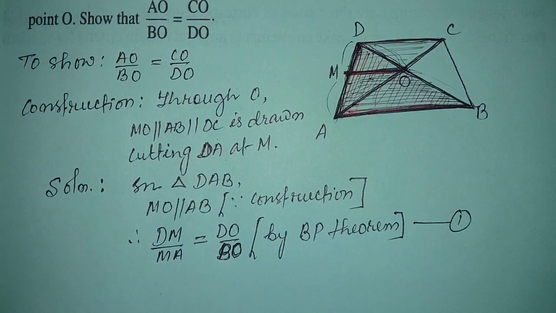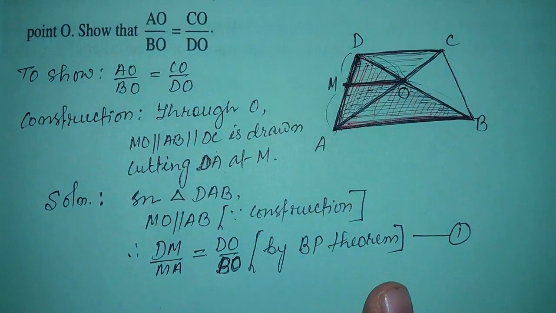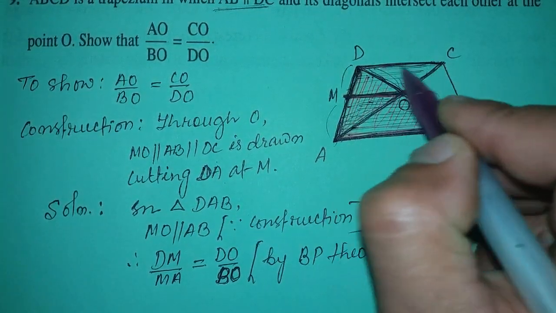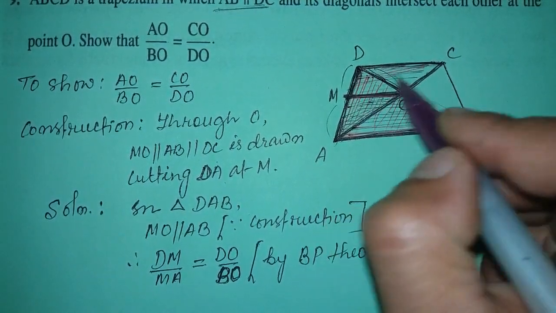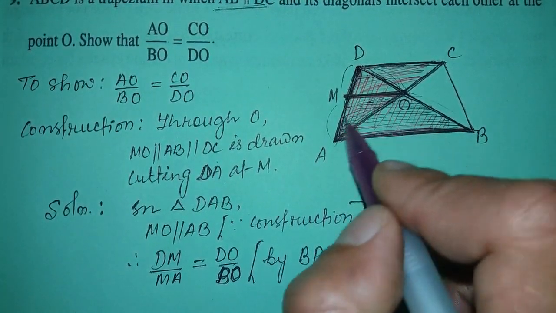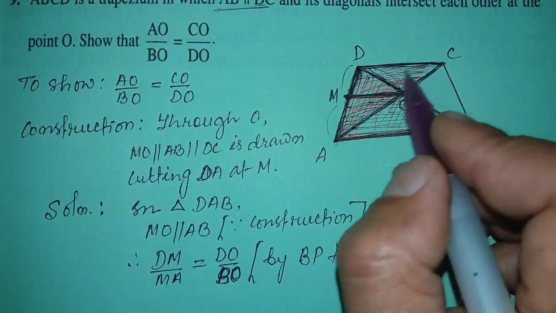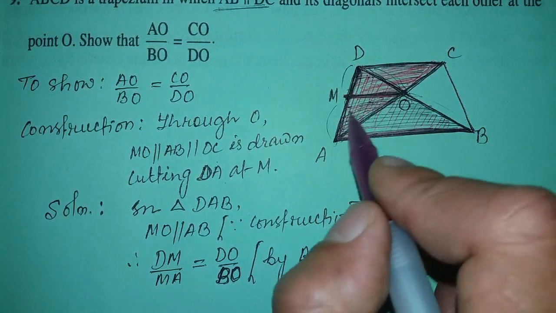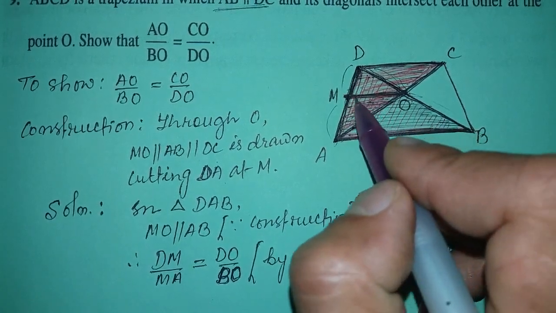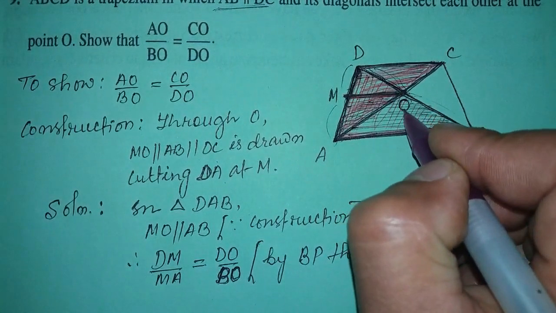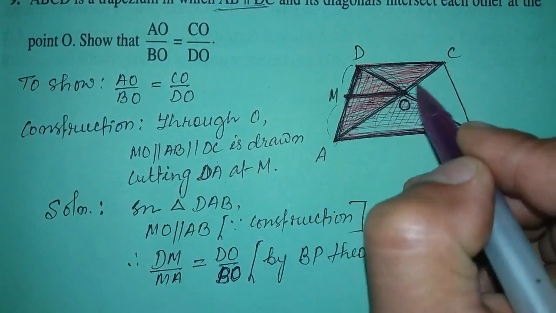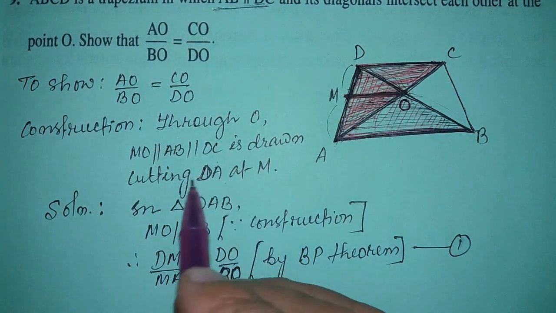And in the next step we're going to take triangle DAC, this triangle DAC. Now here in this triangle also, this line MO and this line DC are parallel again, which is given in the construction.